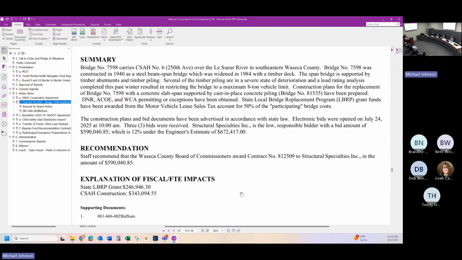Bridge 7598 was built in 1940 as a steel beam span, widened in '84 with a timber deck. The bridge is supported on timber abutments and timber piling. Timber piling are the problem. They're severely deteriorated to the point that a load rating analysis earlier this past winter resulted in restricting that bridge down to an 8-ton maximum load limit.